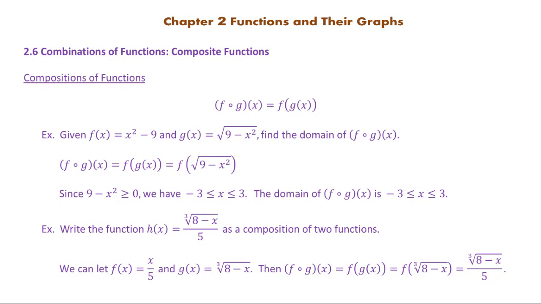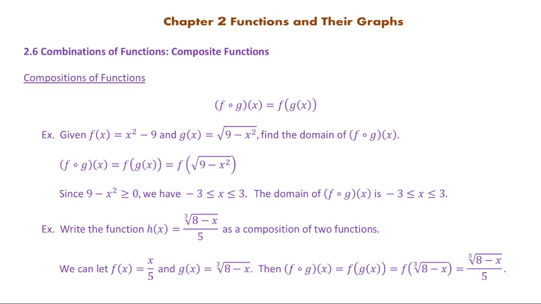Okay. Again, just start from the definition. f circle g is just f of g of x, which is f of square root of 9 minus x squared, because g is square root of 9 minus x squared. So first, we have to make sure that when you take a square root of 9 minus x squared, it makes sense. So that requires 9 minus x squared to be greater than or equal to 0.